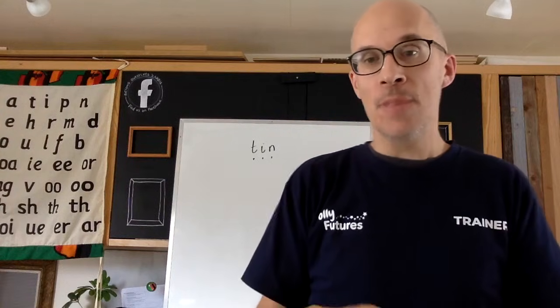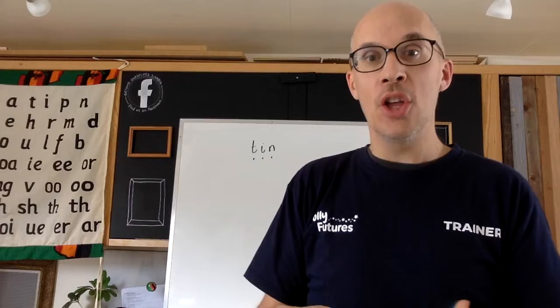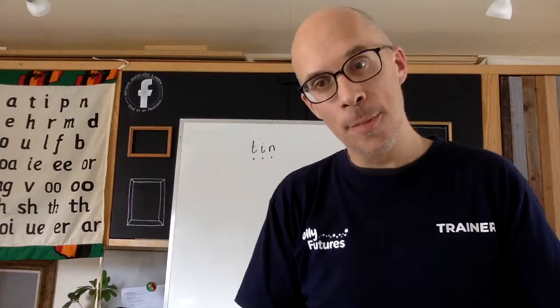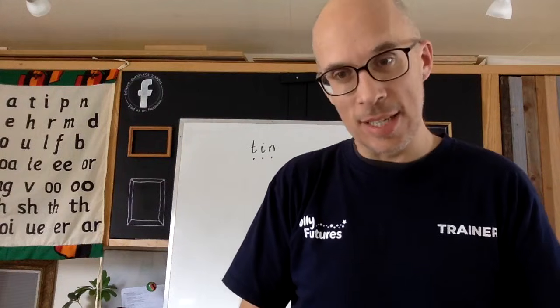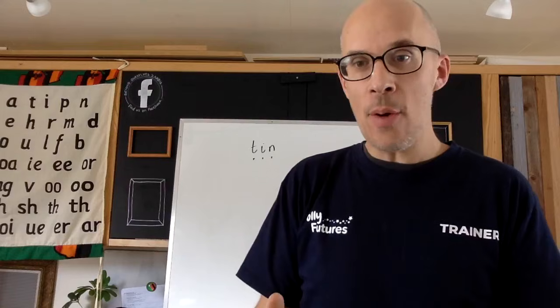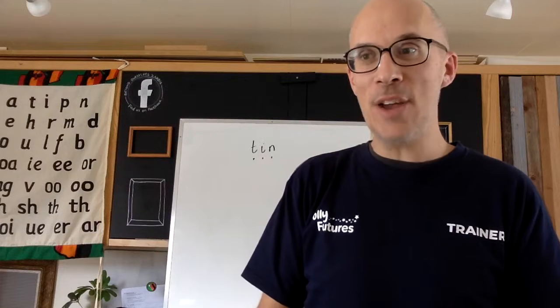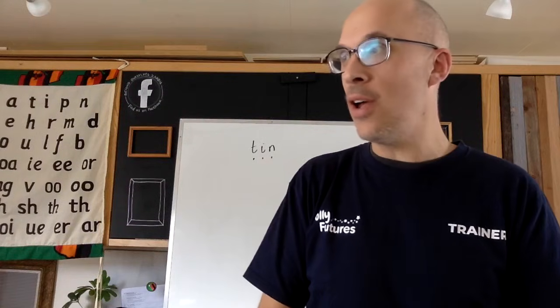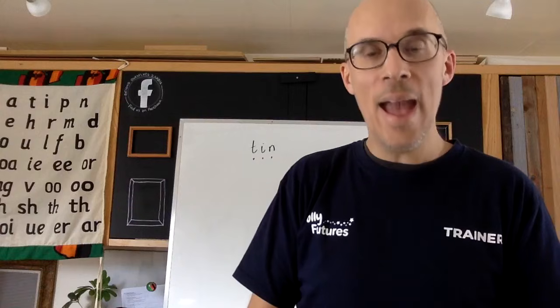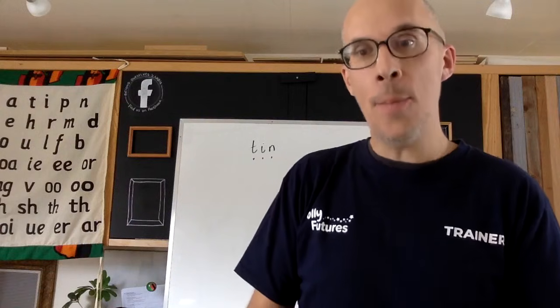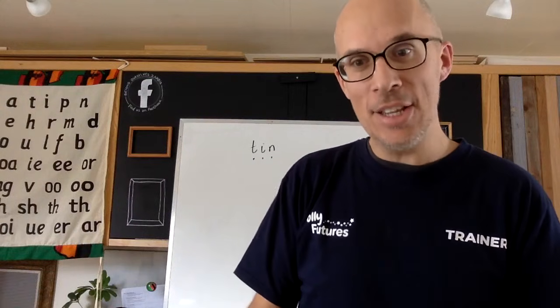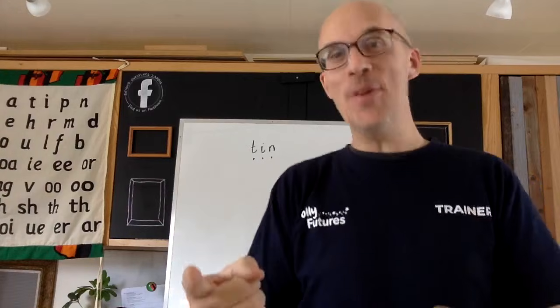Then let's try k, a, t. Okay, so think about that one. And then let's go for one more, and I'll go for p, e, n. p, e, n. Okay, so I'm seeing dogs come through now. Well done.